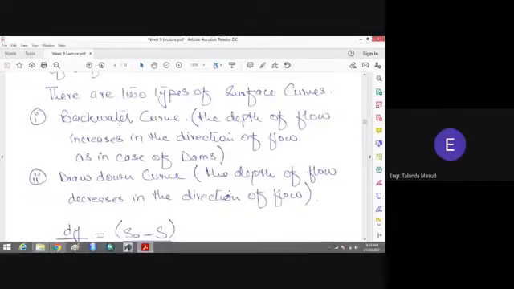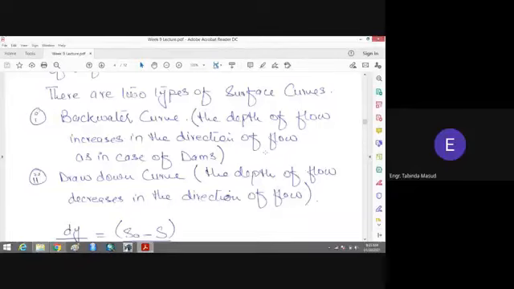The depth of the flow will increase. That kind of curve made by water is known as a backwater curve, where the depth of the flow increases in the direction of the flow, or you can say that the depth of the flow increases at the downstream side.